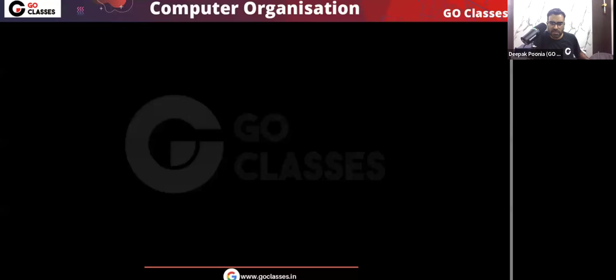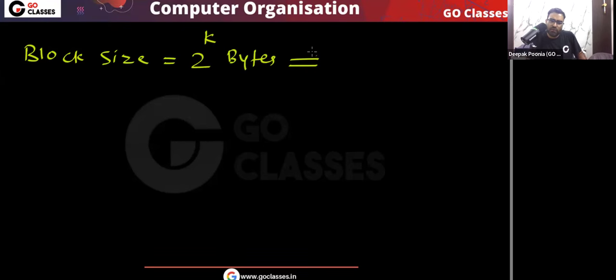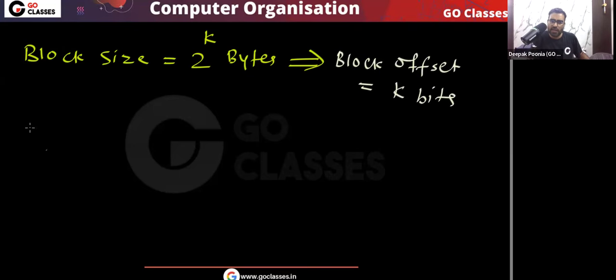Please understand one thing: if the block size is, let's assume, 2 power k bytes, then for block offset we need k bits. In this question the block size is 1 byte, which means 2 power 0 byte.